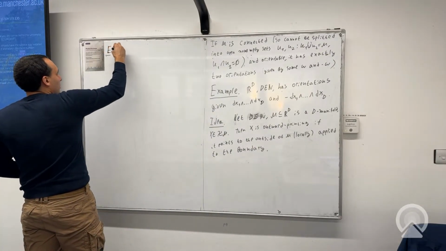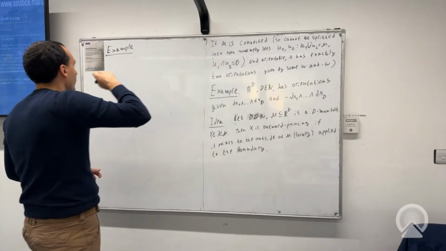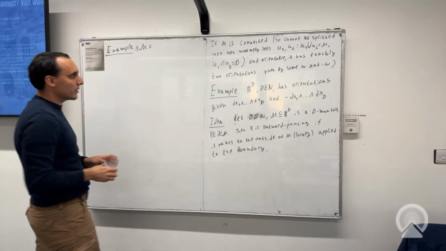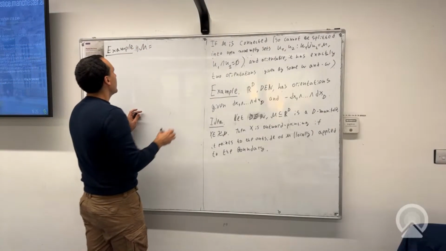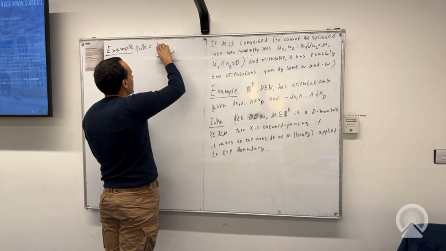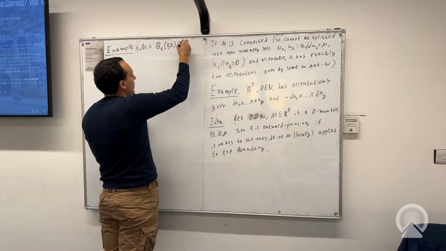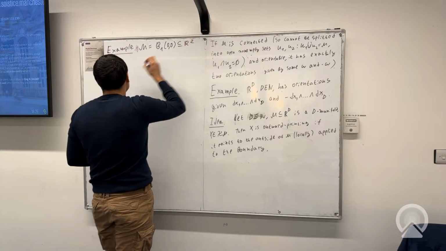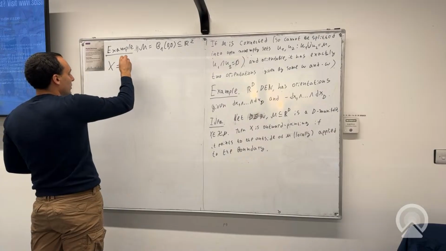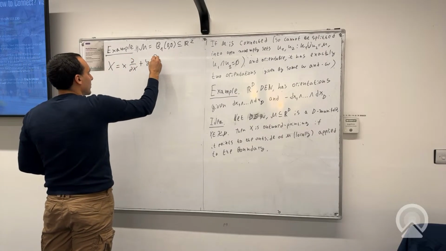Here's some example. Let's first do a rigorous example, the second will be diagrammatic. M is B1 of (0,0) in R2, and we define X to be the Euler vector field, x d/dx plus y d/dy.